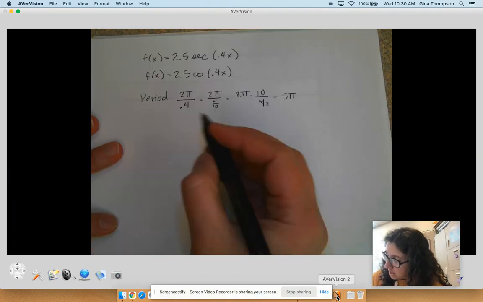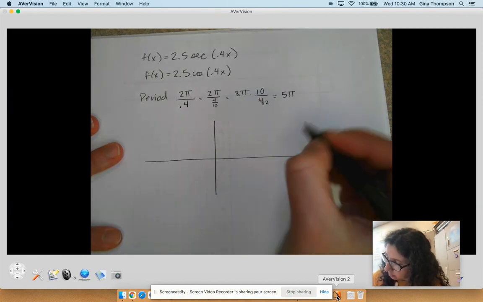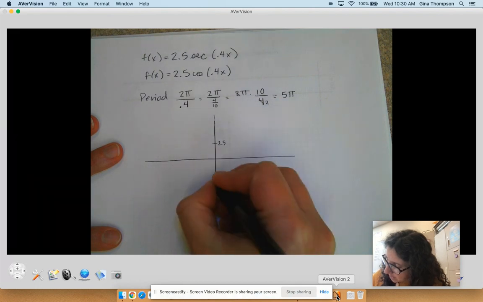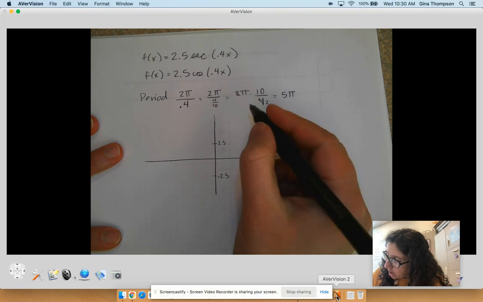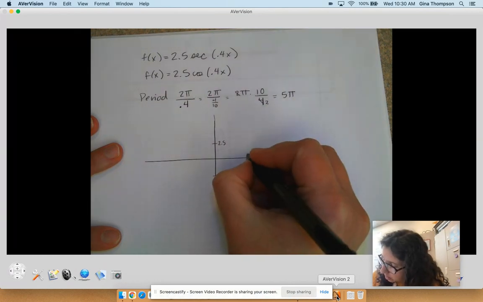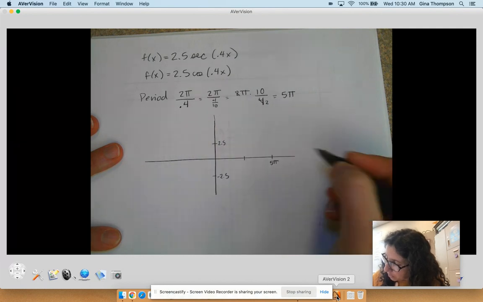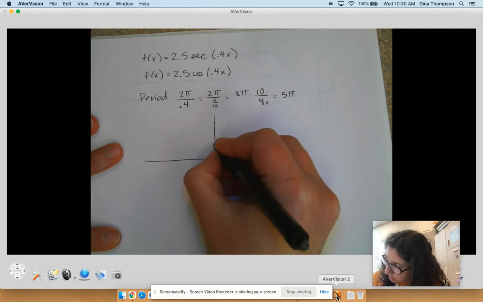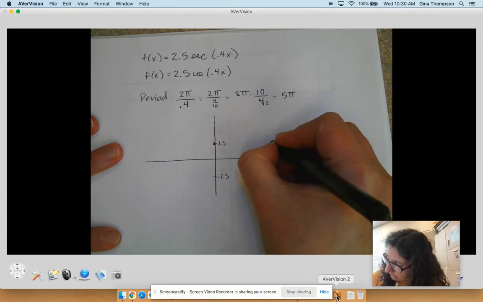All right, so let's graph cosine. It's going to go up to 2.5 and down to minus 2.5, because of the amplitude. At 5 pi, it completes a full cycle, and halfway is 2.5 pi. Starts up high, halfway through it's down low, here it's up high again.